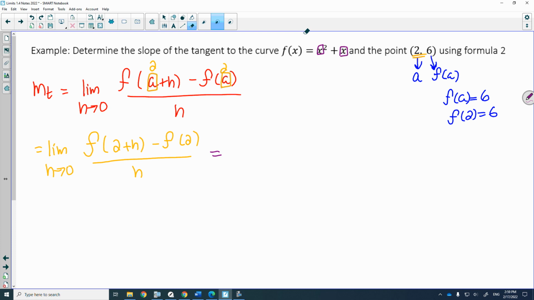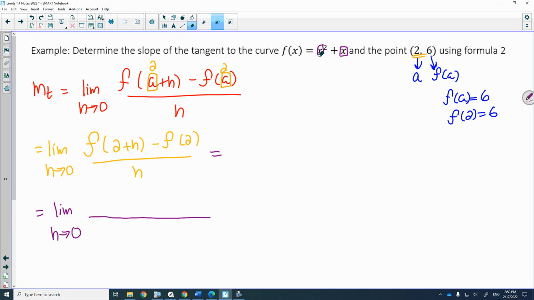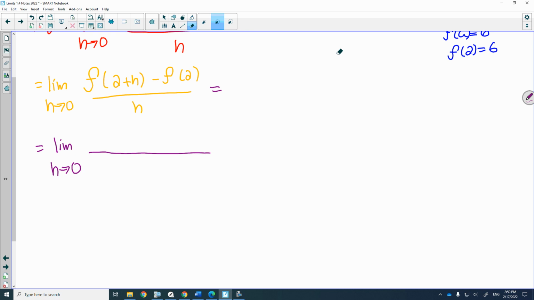So that would be equal to the limit as h approaches 0 of 2 plus h squared plus 2 plus h, then minus f of 2, and f of 2 was 6, all over h.